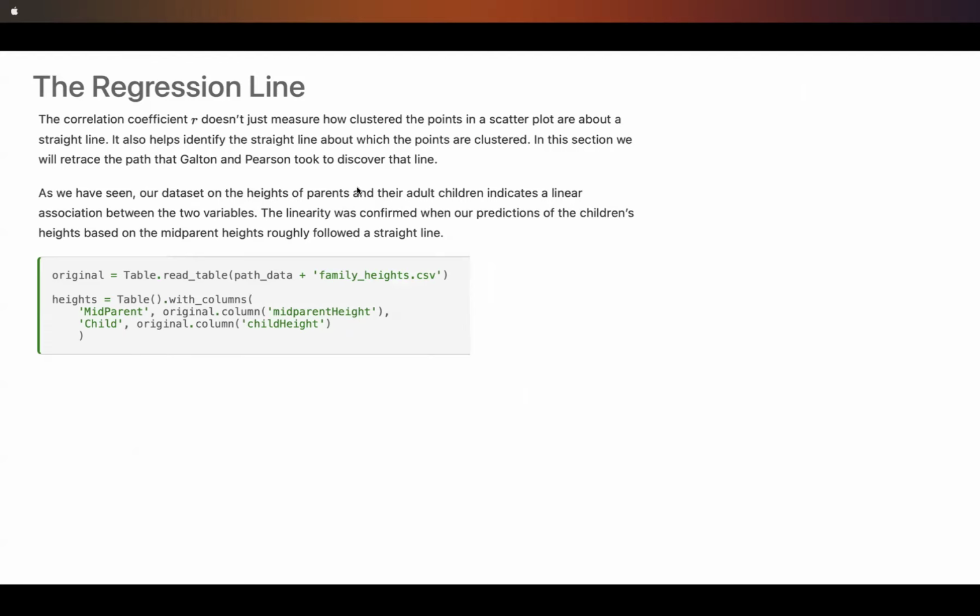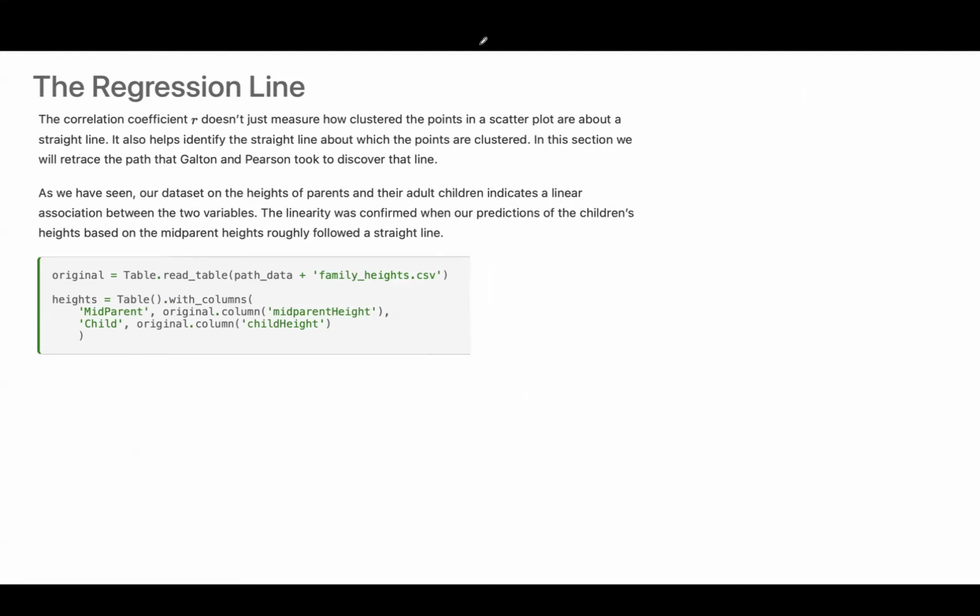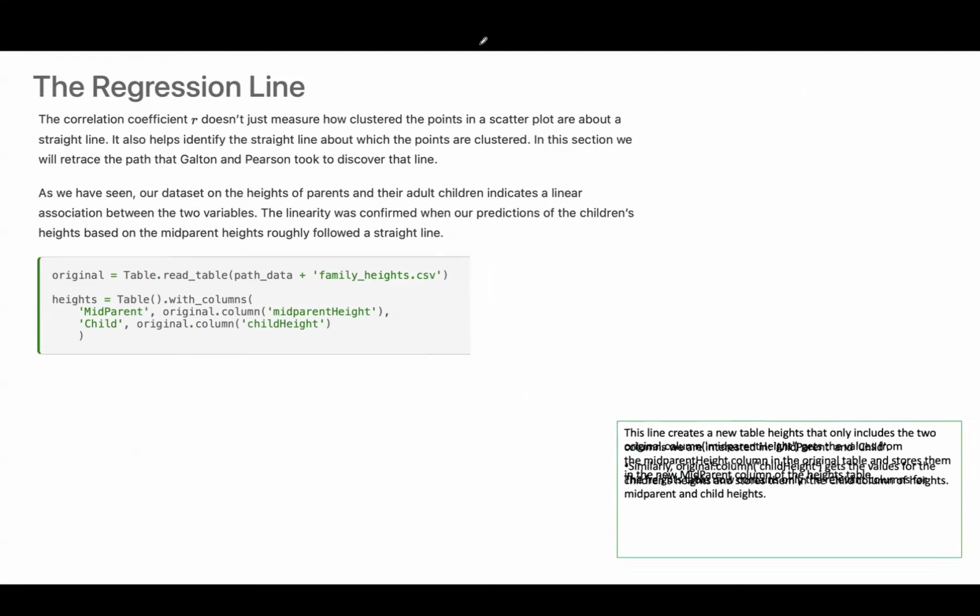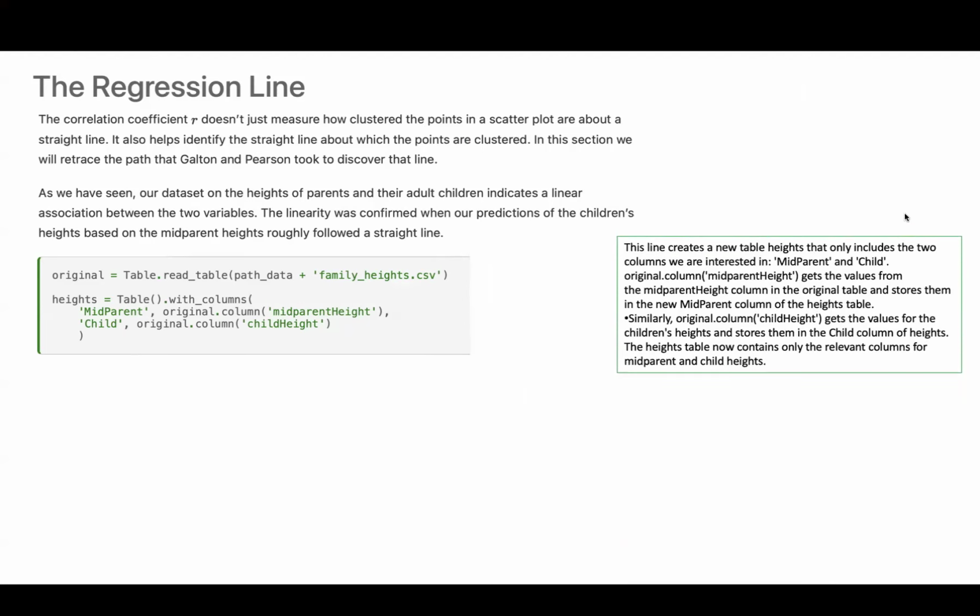Make sure to load your CSV file. As you saw before, we're basically creating a new table with the mid-parent column and the child's.